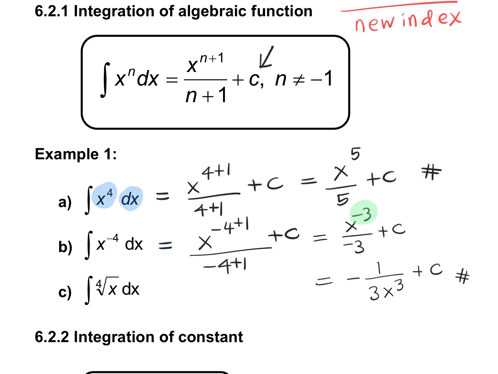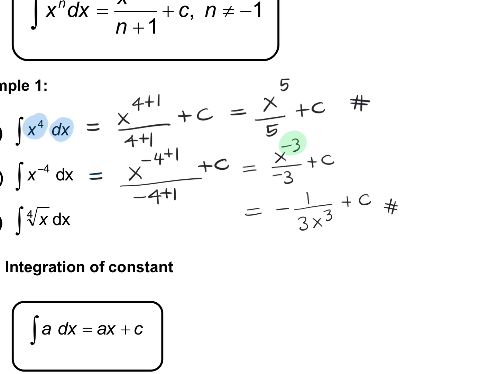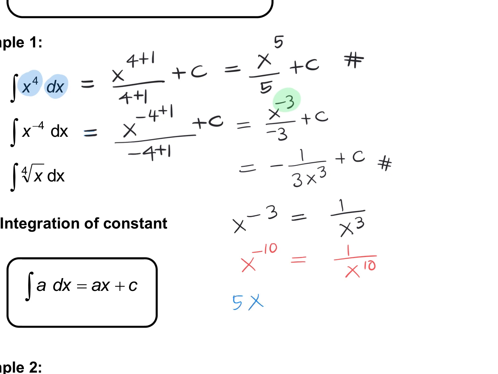Okay, basic idea to change this index, any index notation. Okay, this is the basic idea for index notation. If you are given x to the power of negative 3, then this is equal to 1 over x to the power of 3. So kalau you ada x kuasa negatif 10, ni maksudnya 1 per x kuasa 10. Okay. And kalau you ada 5x kuasa negatif 4, bila kita tukar, 5 ni still dekat atas.